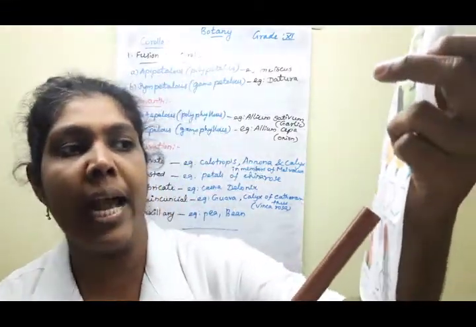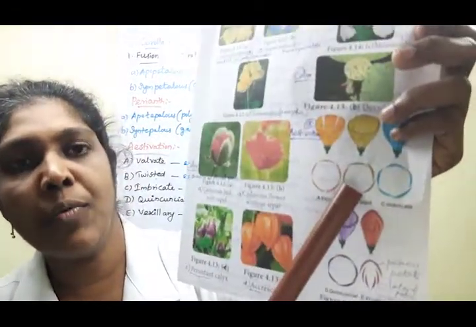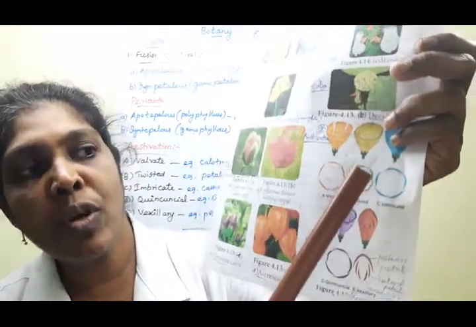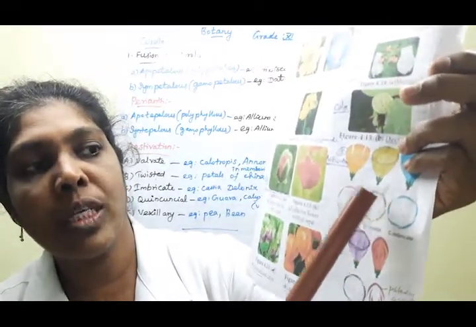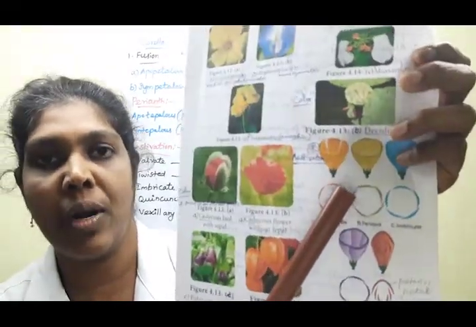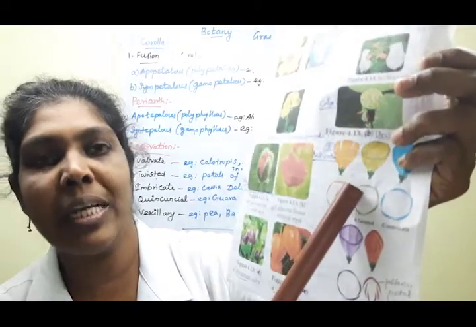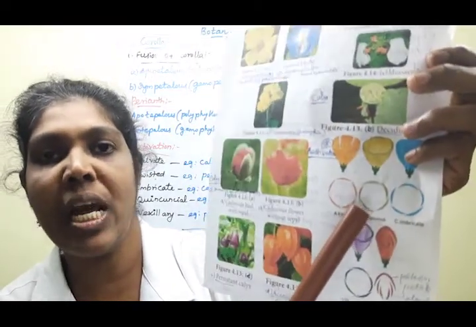Say this is the diagram. Here this is one margin, isn't it? This one overlaps the next one, and this one overlaps the second one. Then the next petal or sepal overlaps the next one.